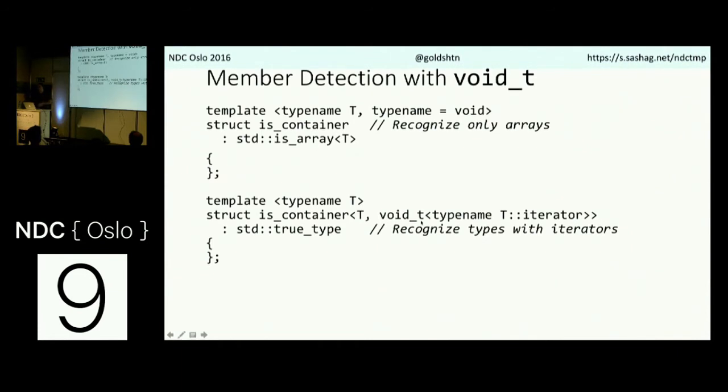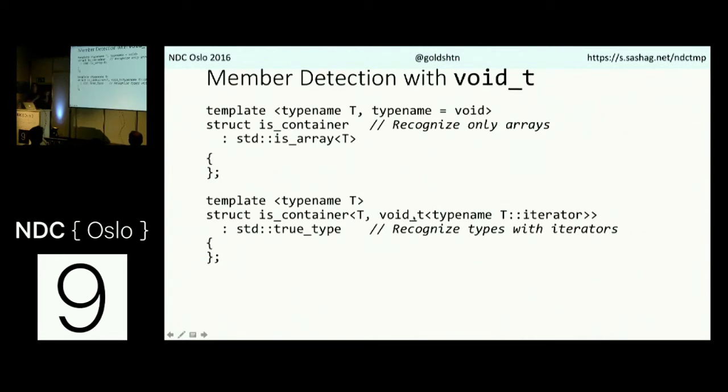So if void_t produces void, we have our two candidates, and the more specialized one can be picked. But if here I said int, for example, then when the user says isContainer of whatever, what the user actually said is isContainer of whatever, comma int, right? And then the second specialization would just never be valid because void_t doesn't produce an int, it produces void.